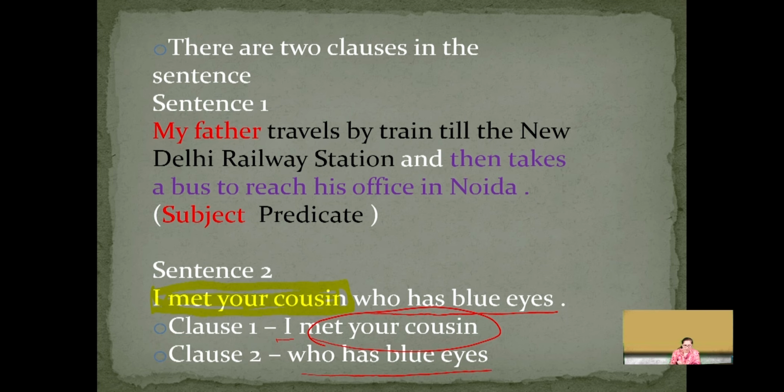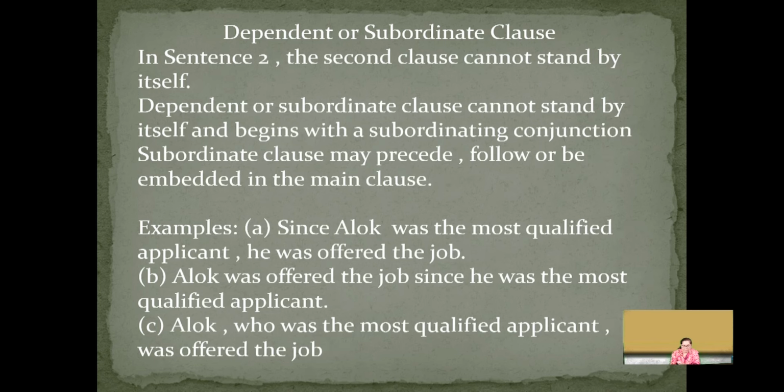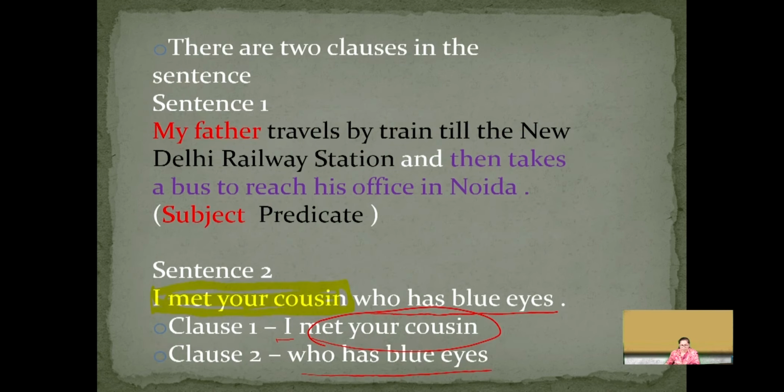So any sentence that has a subordinate clause will be preceded by the subordinating conjunction. Now here, in this sentence number 2, this "who" is the subordinating conjunction, right?